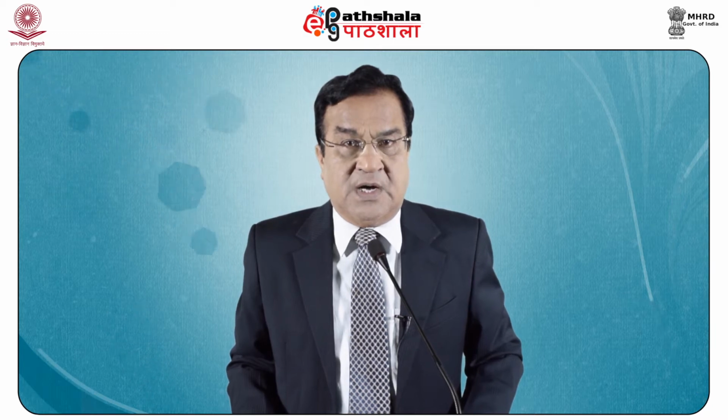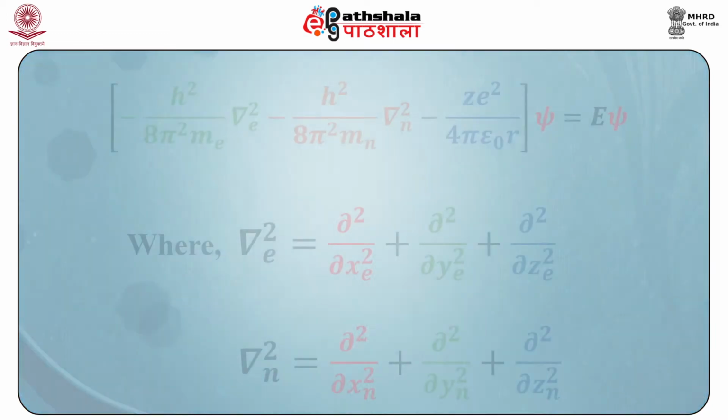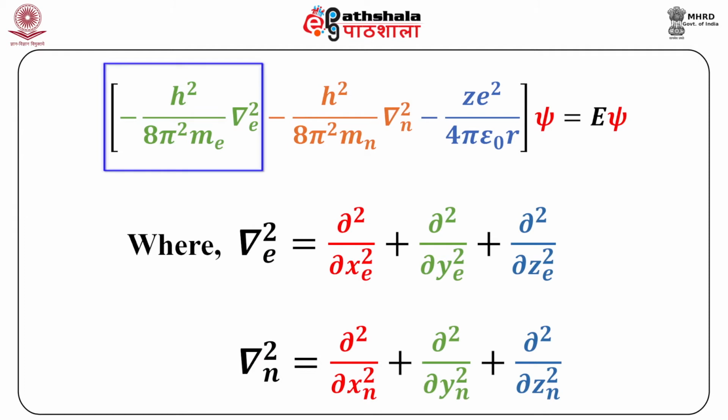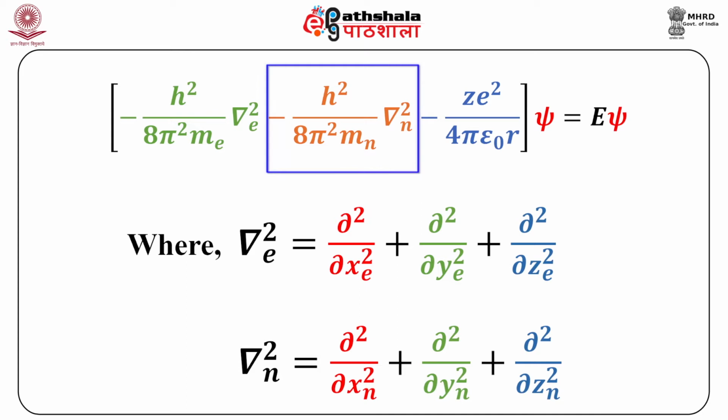So, our Schrödinger equation now looks like this: minus h square upon 8 pi square me del e square. This represents the kinetic energy of electron. me is the mass of the electron. Second term is minus h square upon 8 pi square mn del n square.